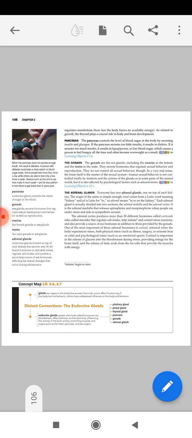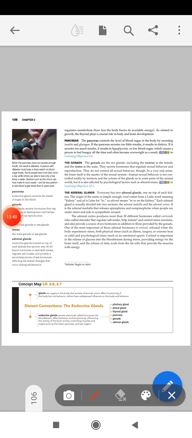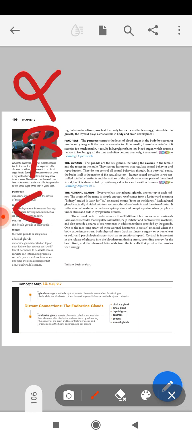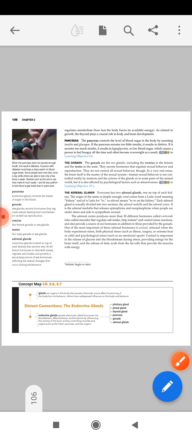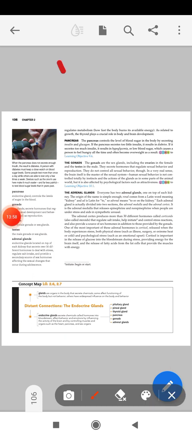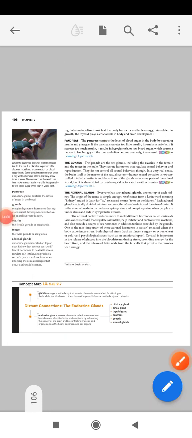Let me tell you about the working of insulin and glucagon. The pancreas releases three types of hormones with its three specialized cells: alpha cells, beta cells and gamma cells. Insulin is released by alpha cells.